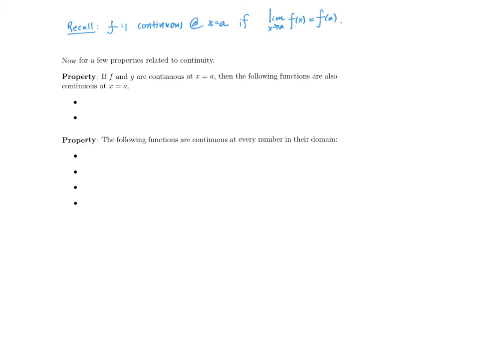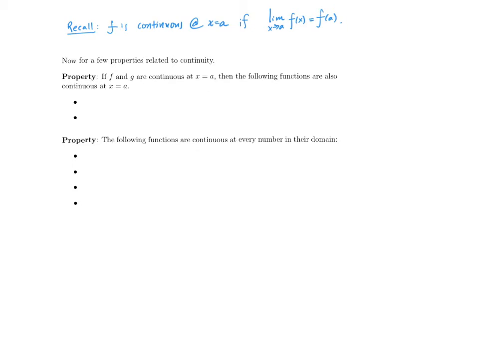And remember, this very simple, innocent looking statement involves three key things that must be true. The function value must be defined, the limit as you approach a must exist, and those two numeric values need to be equal to each other.